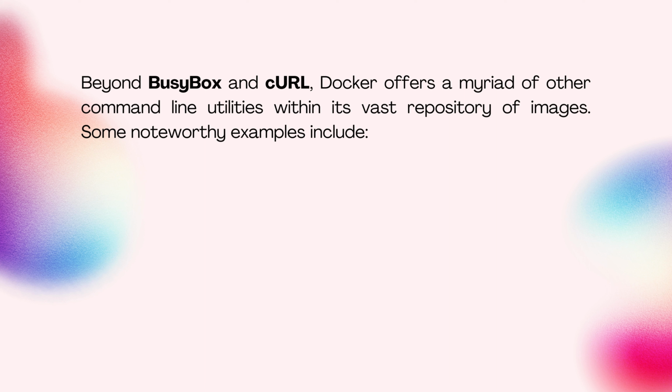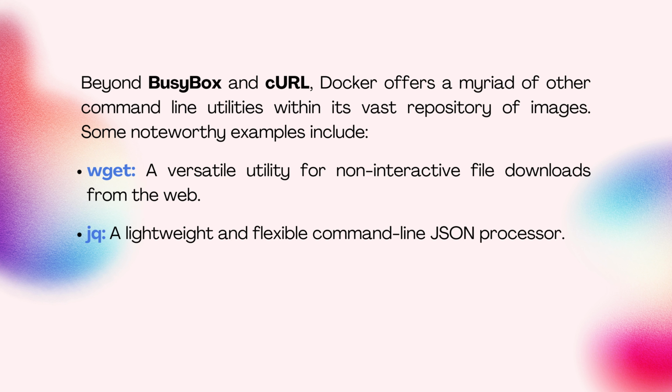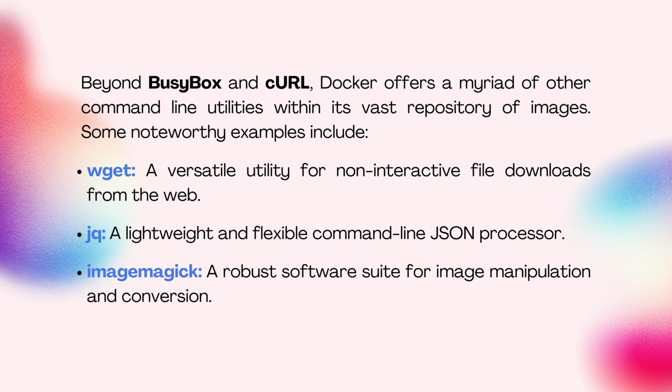Some noteworthy examples include wget, which is a pretty handy tool to be aware of for non-interactive file downloads from the web, let's say. Also there's jq, which is a command line JSON processor, and ImageMagick, a software suite for image manipulation and conversion, in case you're also interested in that.